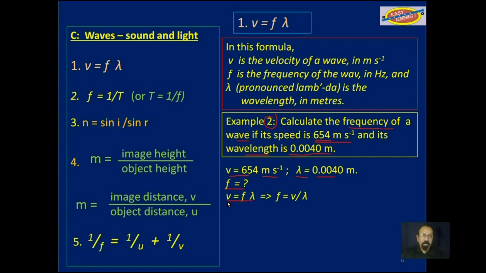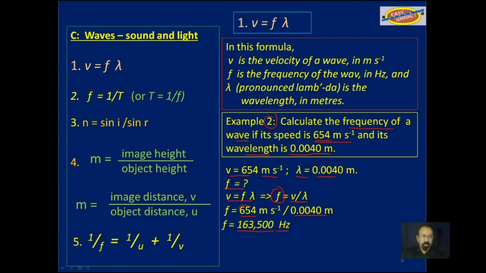We know V is equal to F times lambda. If we make F the subject of the formula, we will get V over lambda. Substitute these numbers that we are given, and we get a frequency of 163,500 hertz.